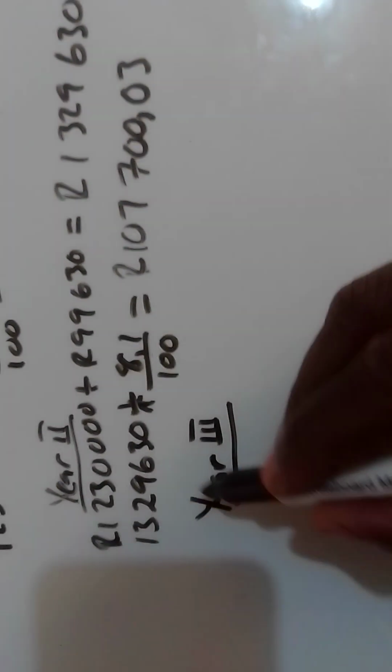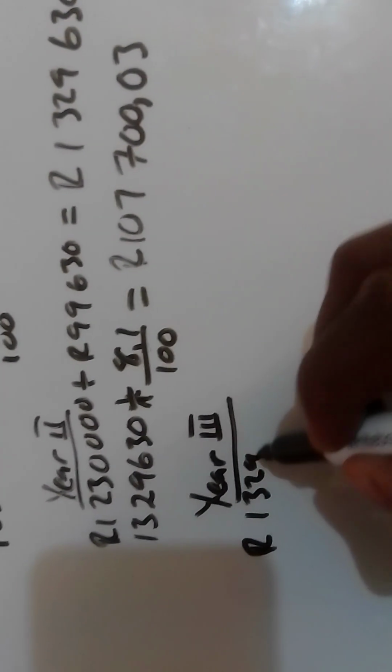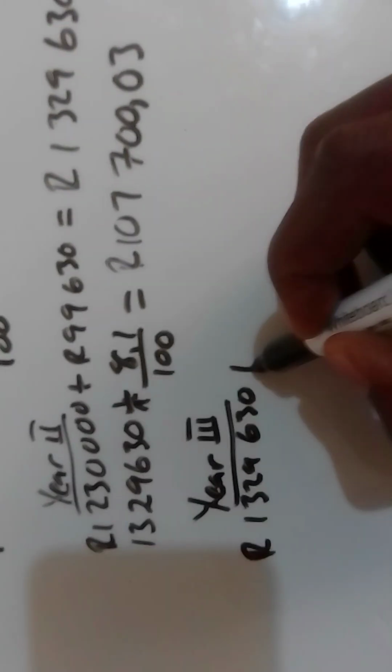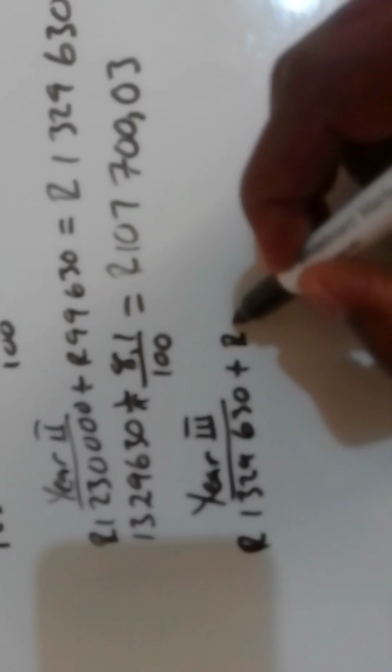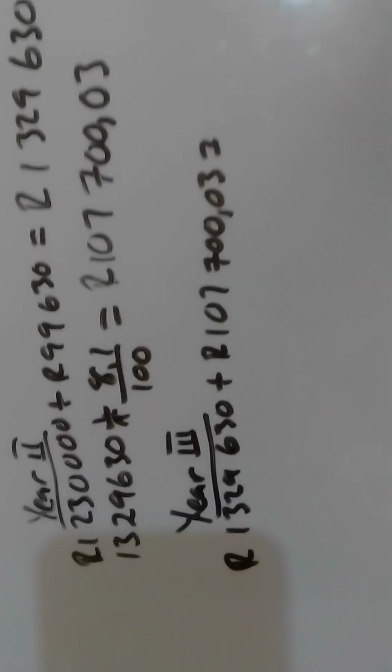Then we go to year number 3. Now we say 1,329,630 plus the interest from the previous year, which is 107,700.03.